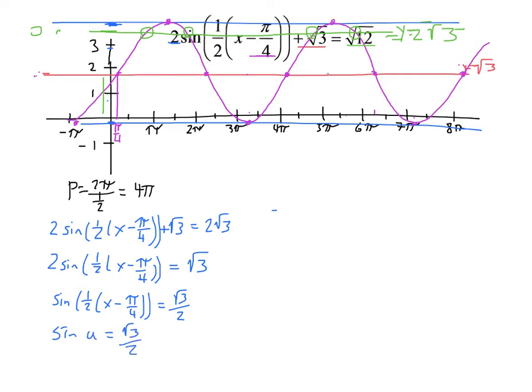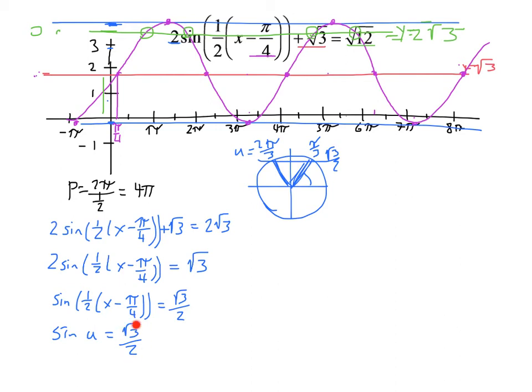So if you imagine a unit circle, square root of 3 over 2, that's at basically those highest elevations, root 3 over 2. So that's going to be both at pi over 3 and 2 pi over 3. So that's what u is equal to, both pi over 3 and 2 pi over 3.